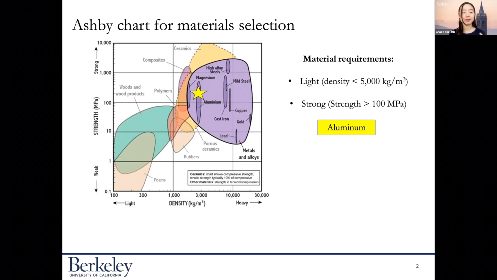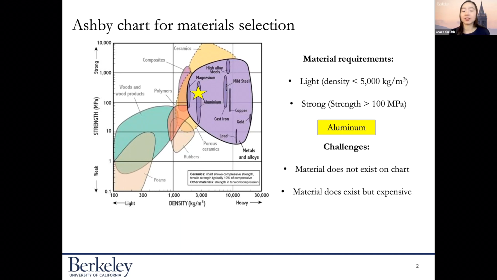But this kind of method to select materials for various applications has a couple of challenges. One challenge is that the material that we're looking for does not exist on this chart. Let's just say we're looking for a material that is in these white spaces, right? These are empty spaces. We would like a material that is very strong and very light, potentially in this corner here, but it's pretty empty.